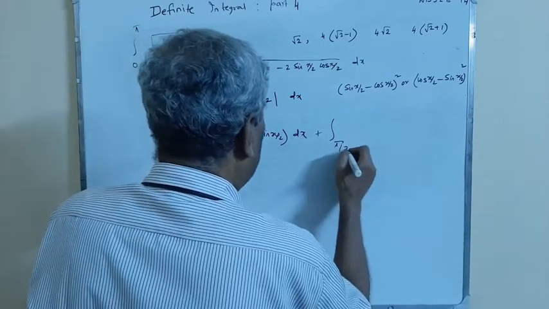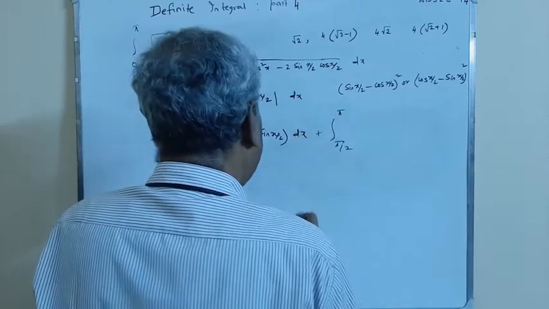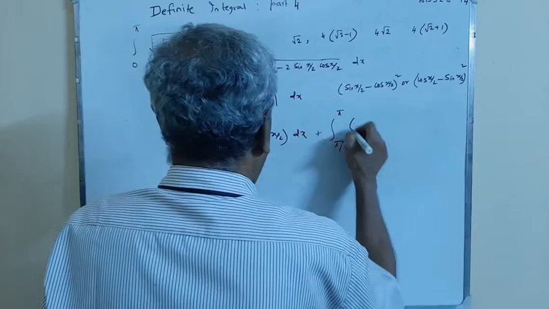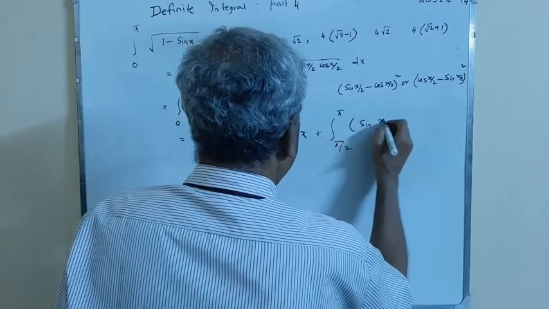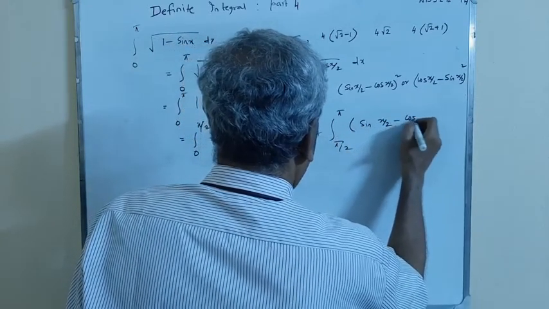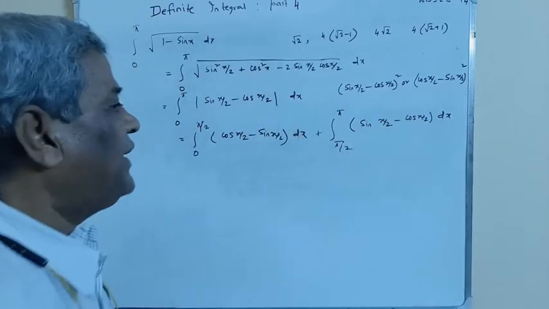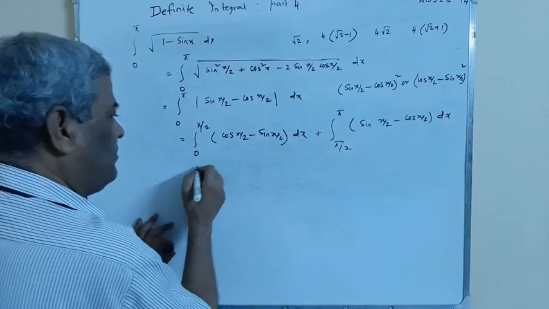Now from pi by 2 to pi, in that case, sin x by 2 is more than cos x by 2, so it is positive. So the integrand is sin x by 2 minus cos of x by 2 dx. Now integration is extremely simple.